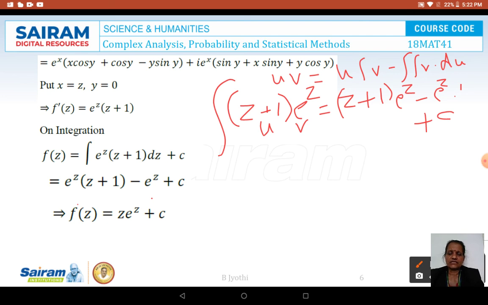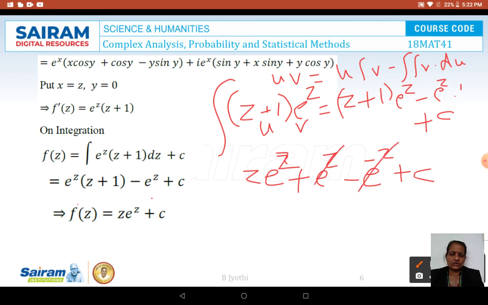So when I simplify this, z into e power z plus e power z minus e power z plus constant, right? So these two terms will get cancelled. We get only z e power z plus constant. That is the required f of z.